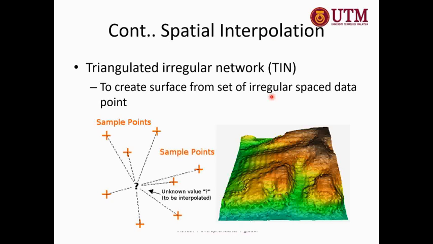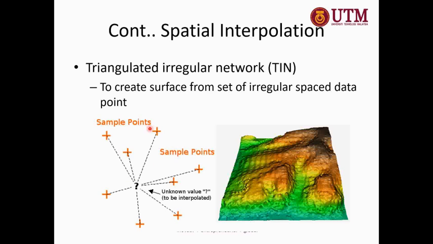So the second one is the triangulated irregular network. If you see here, they have triangulation. The first thing is that they need 3 points, and then they form a triangle from there to make a surface, to make the area.